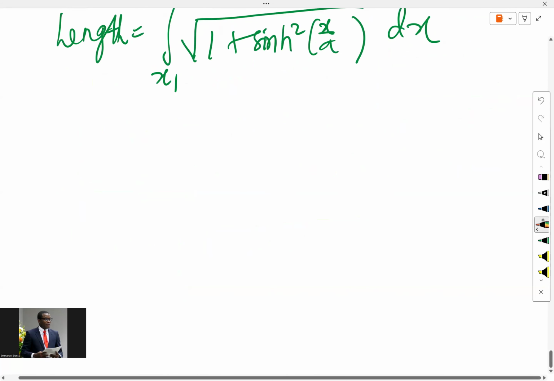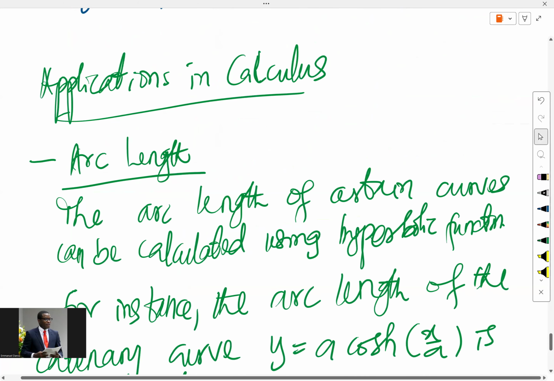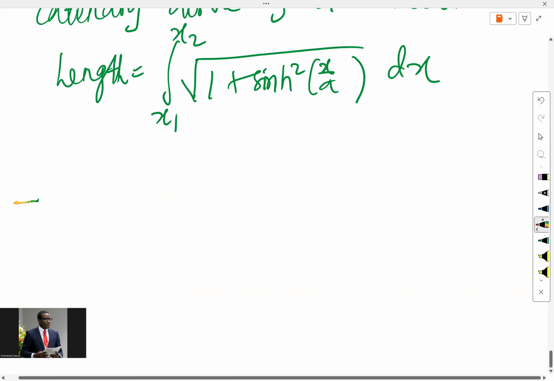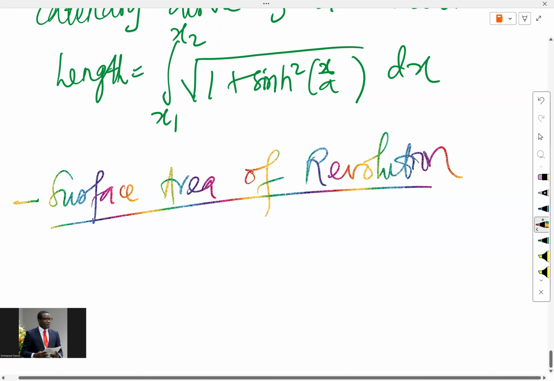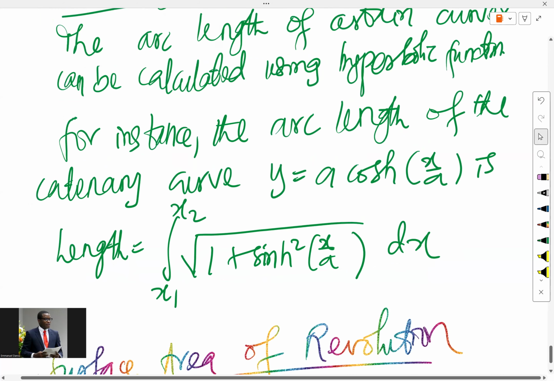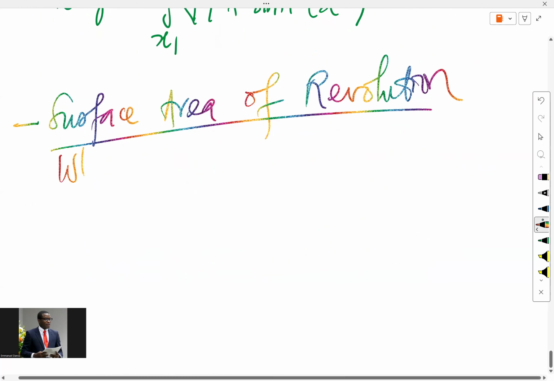Okay. So then another one would be surface area of revolution. So here, when revolving a curve around an axis, the surface area can be computed using integrals involving hyperbolic functions.